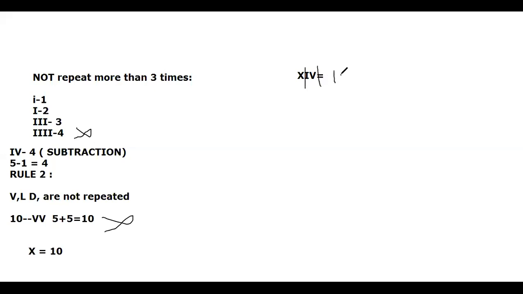Means 10 plus IV means 4 is equal to 14. So you have to expand in this way and then check. Why can't you take XI and V? You can take it even in this way also. They gave this question, right? XIV. You can take it as XI plus V.